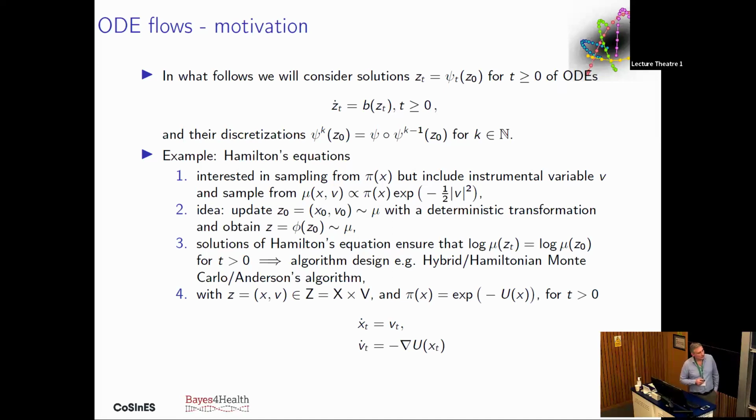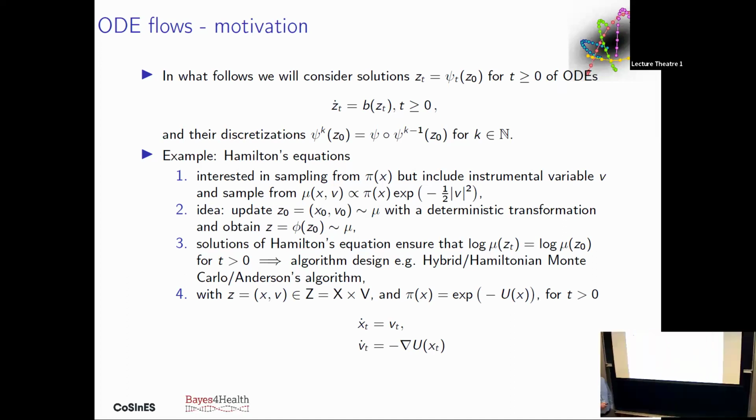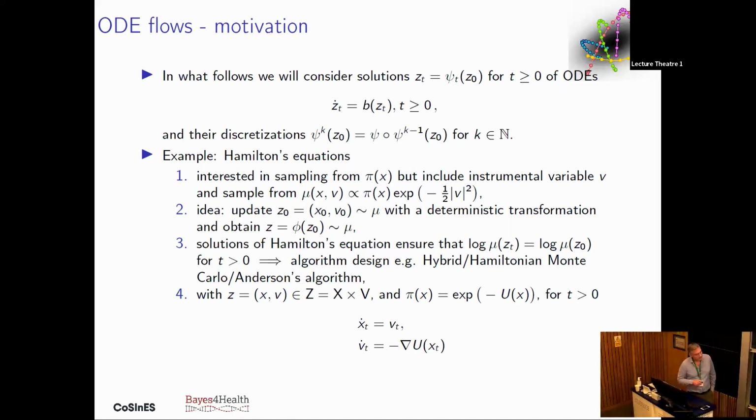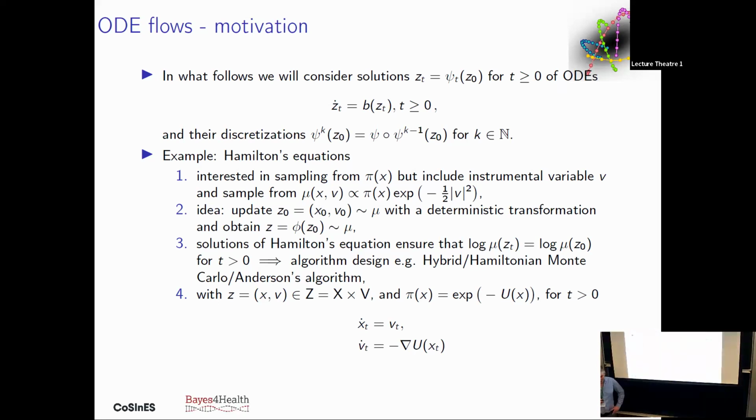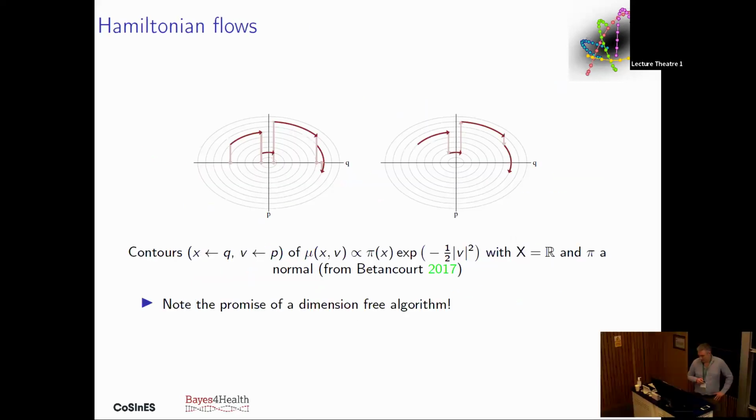So this is what Hamilton's equations look like, where U is minus the log density. This is the continuous-time Hamilton equation, and if you can solve these equations, then you preserve the density. If I give you a sample from mu and you apply the flow to that sample, the resulting quantities are also distributed according to mu and hence pi.